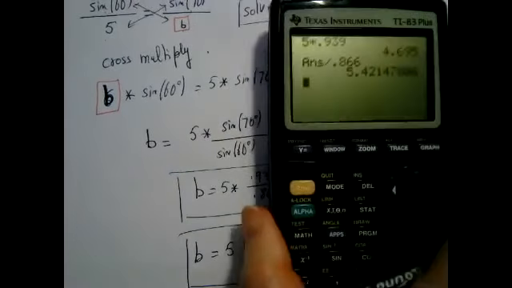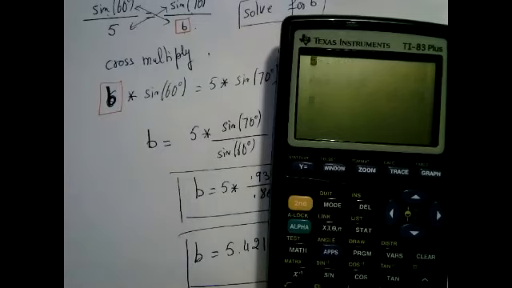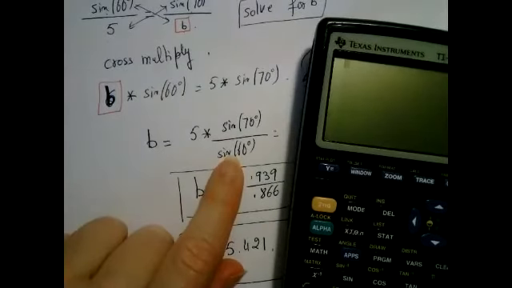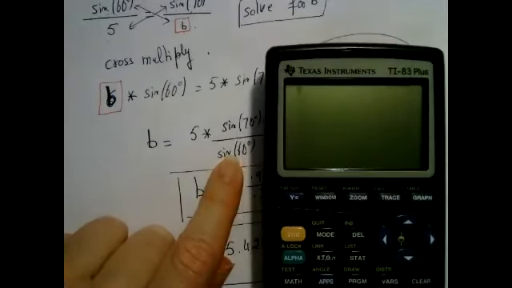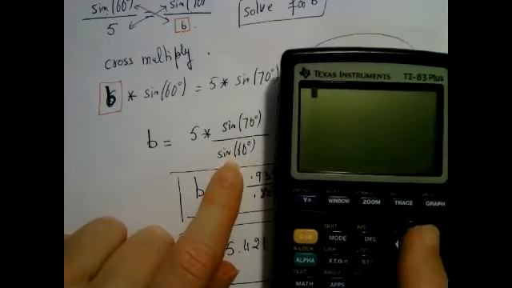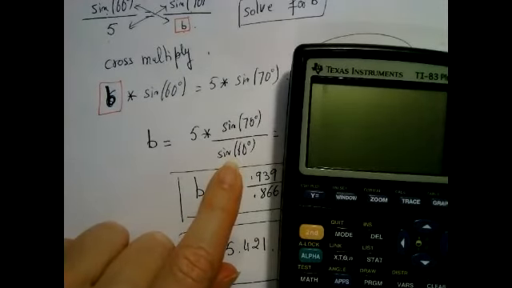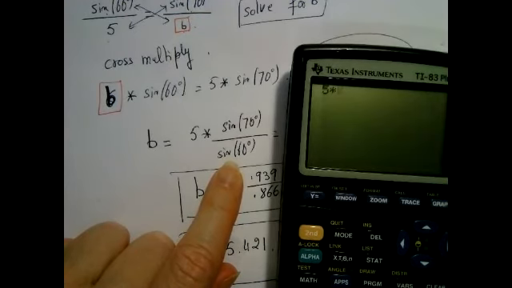Now, before I move on, let me make a small comment about using a calculator. If you want this answer to be really correct, the easiest way to enter it is 5 times sine 70 divided by sine 60.